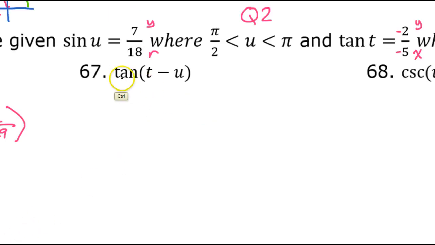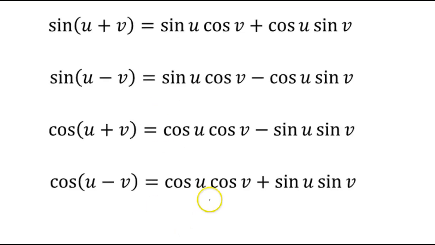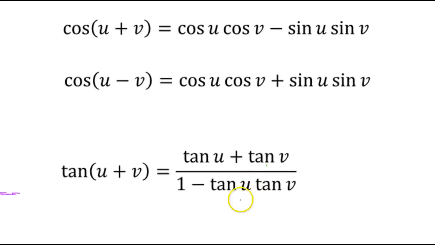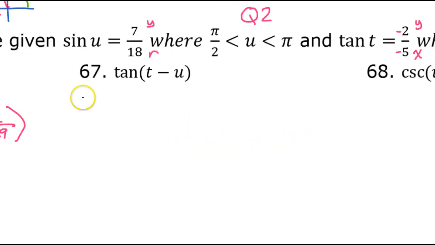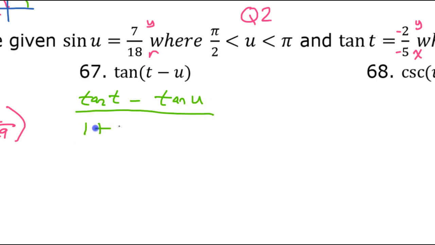All right, next we're supposed to find the tangent of t minus u. So we will have to use the tangent formula. All right, so the tangent formula goes tangent minus tangent over 1 plus tangent tangent. So I'm going to do tangent t minus tangent u over 1 plus tangent t tangent u.